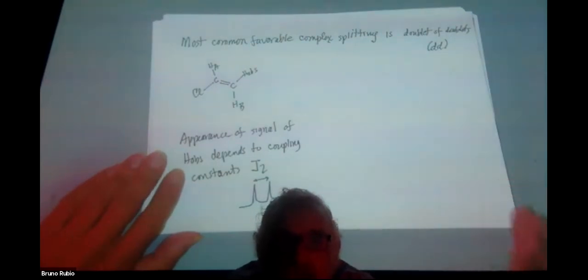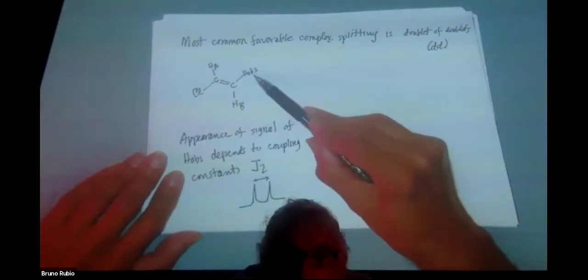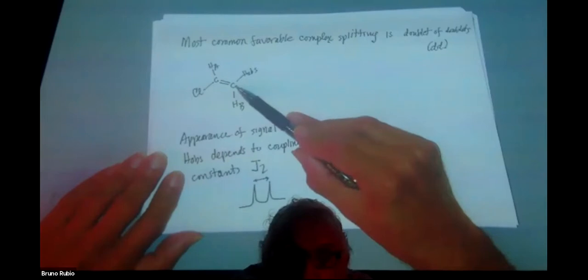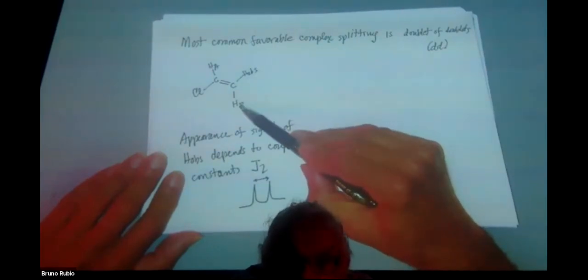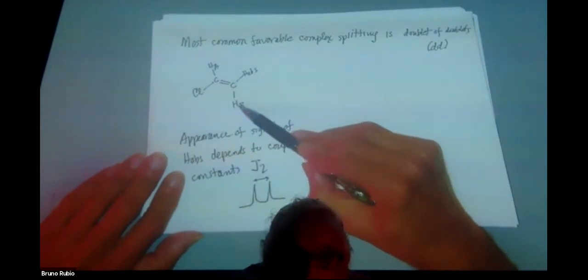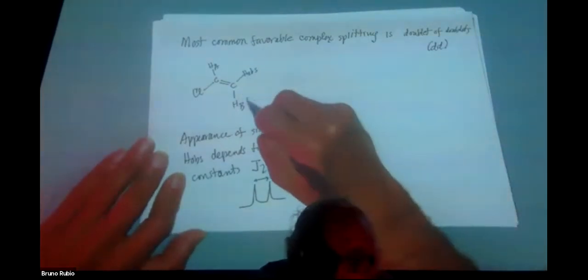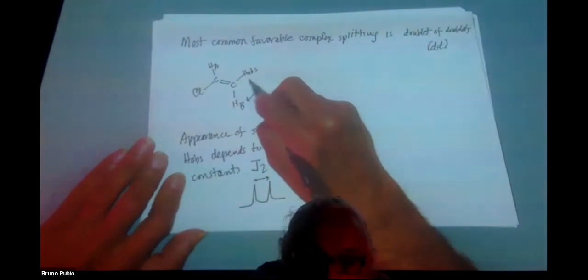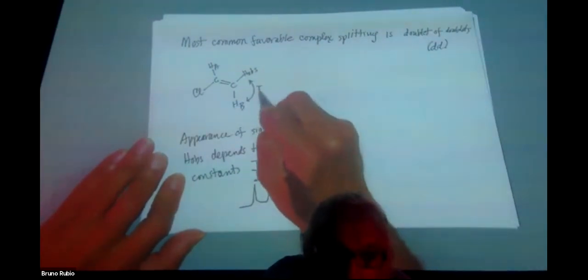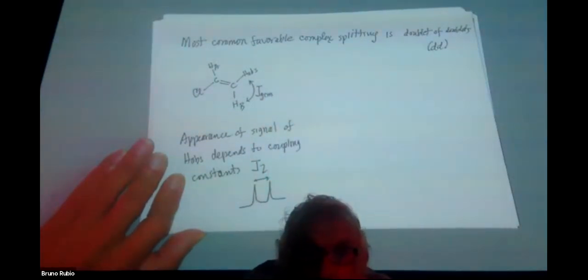Okay, so I'm looking at my table of coupling constants, and I see that an alkene proton split by a proton 2 bonds away, where that splitting proton is on the same alkene carbon, this coupling constant here, I'm going to call that J-gem, meaning geminal, meaning the observed proton and the splitting proton are on the same carbon.